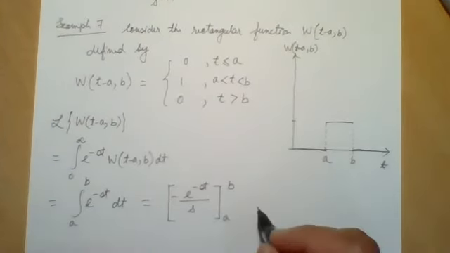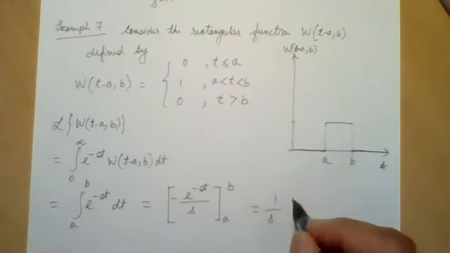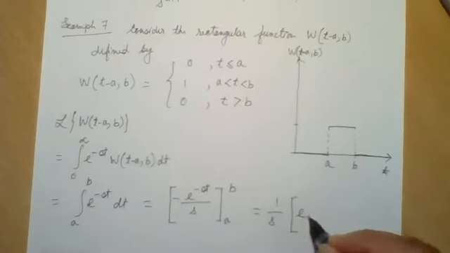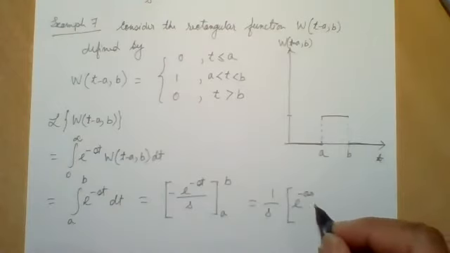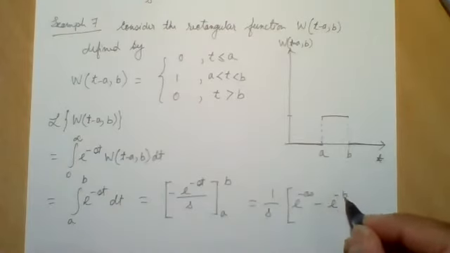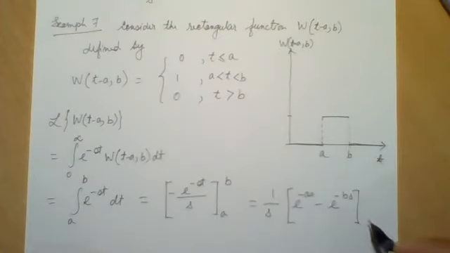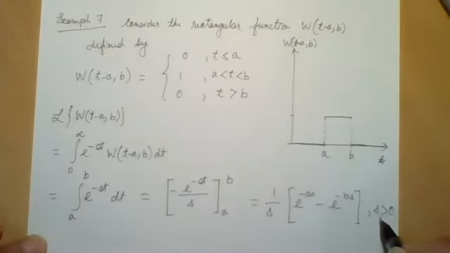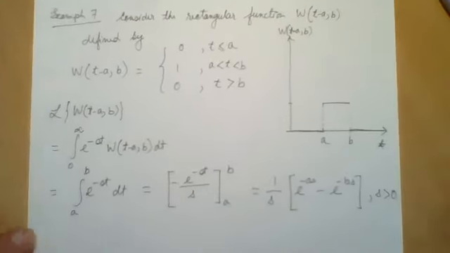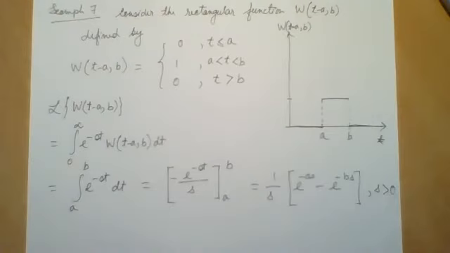And this is equal to 1 by s times (e to the power minus as minus e to the power minus bs), where s is greater than 0. This condition is really not required in this particular case. So this is the Laplace transform of the function w(a, b).